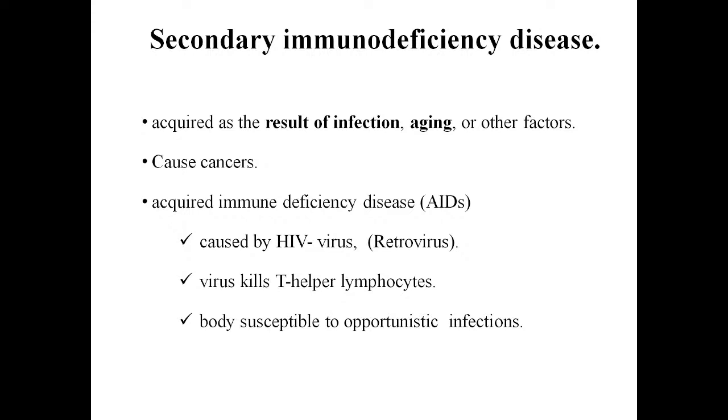Acquired immune deficiency disease may be caused by the HIV virus. It is a retrovirus. This virus kills T helper cells, and this patient is susceptible to opportunistic infections.